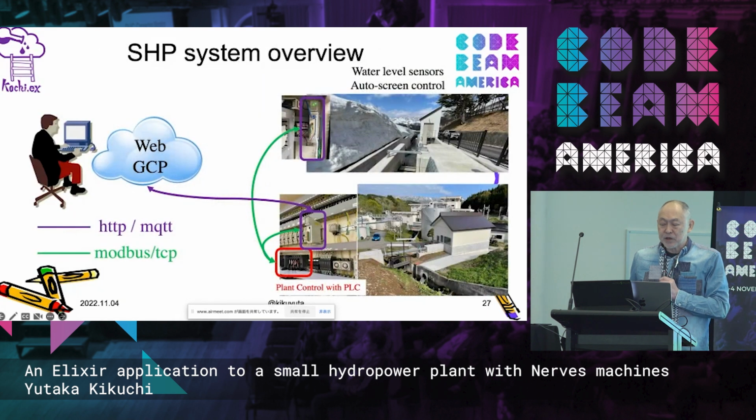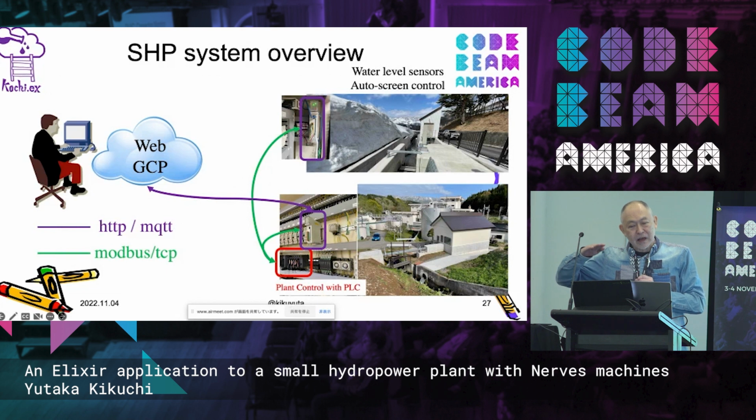In this SHP, we prepared two Nerves machines. They are located in different places, but on the same network connected with optical fibers. One is at the intake, which measures the water level of the head tank for regulation, and also controls an auto screen. The auto screen is to remove garbage and leaves from the water.